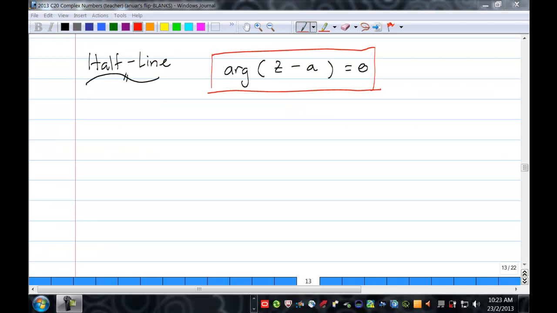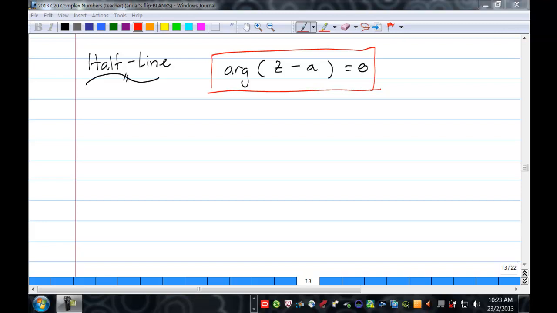Now before we proceed into the idea of the half line, it is important for me to stress upon you the difference between the meaning of angle and argument. Please take note that whenever we use the word argument, we do refer to some kind of angle, but we also refer to the direction in which the angle is being measured, either clockwise or anti-clockwise.